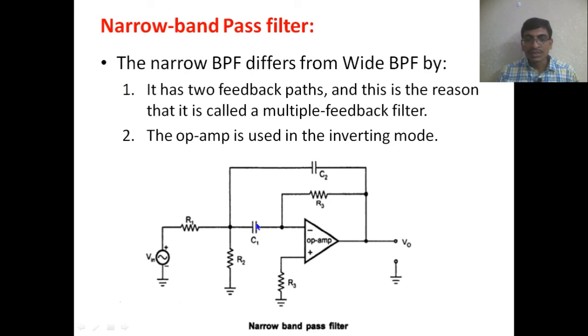C1 is one capacitor and C2 is the other capacitor used. R2 and R1 are the resistances. R1, R2, C1, C2 form the two filters: one forms the low pass filter section, and the other forms the high pass filter section.